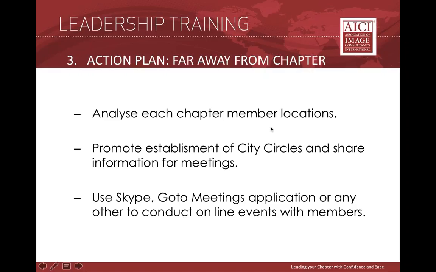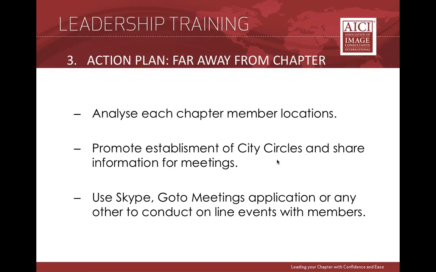Why we don't do this, the city circles? Because when the people register in AICI, sometimes instead of writing the city they live, they write the street, or they write the country.